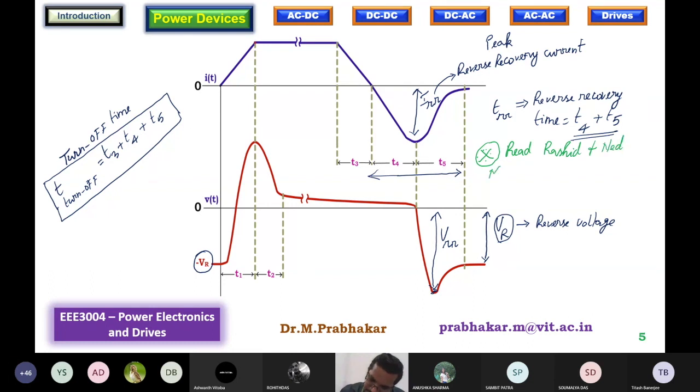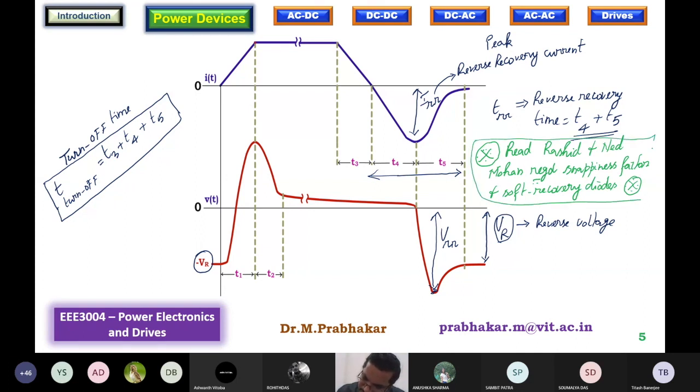I will circulate the relevant pages as well, not an issue, regarding the snappiness factor and soft recovery diodes. There will be a small assignment based on this snappiness factor and soft recovery concept later on. So try to read this.